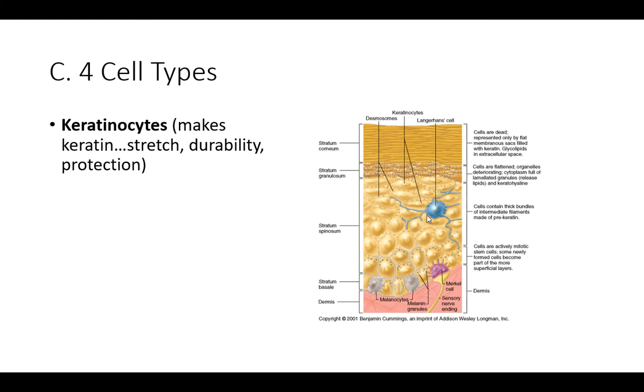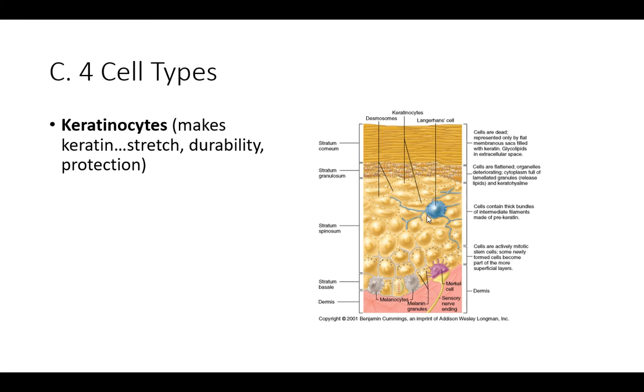So the first cell type, everything that you see that is a yellowish or golden color, is called a keratinocyte. Keratinocytes are the primary cell type of the epidermis. They produce a protein called keratin, which allows the epidermis to have some unique properties like stretch and makes them pretty strong.